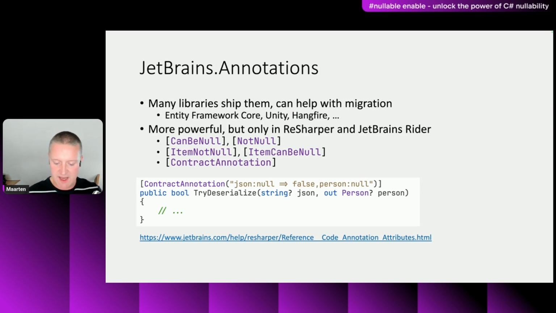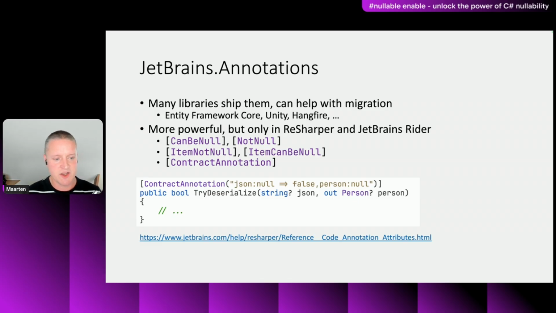So if you're lucky and you're migrating a code base and you have JetBrains annotations, for example, in your own code base or in a library that you're consuming, you actually get all of those hints, of course, when you're using ReSharper and Rider. You will get those hints that will help you figure out, okay, what's the nullability status or what's the nullability contract with this particular method or property or variable and so on. So there's a number of those.